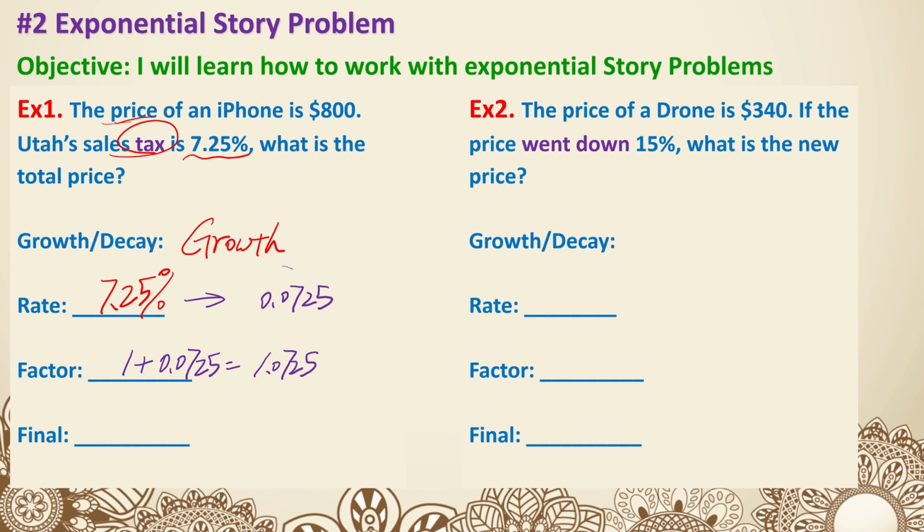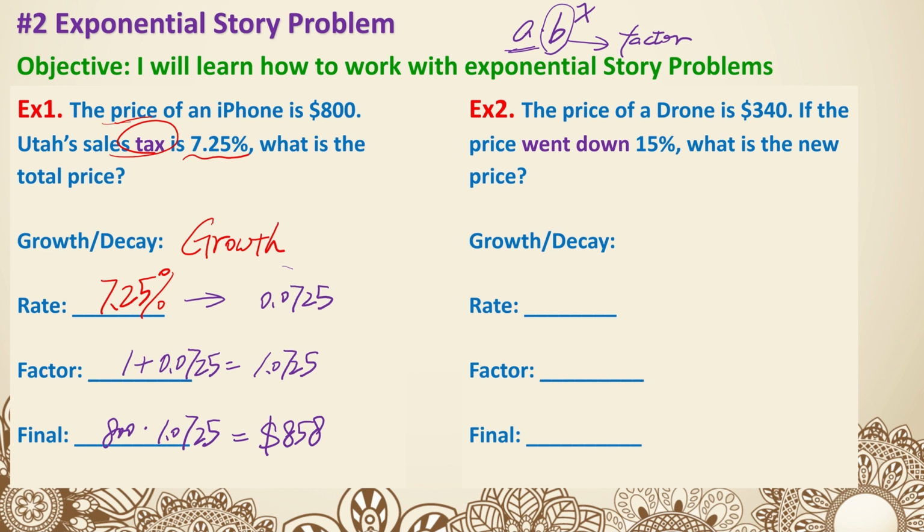So that's the factor. But when we actually calculate the final, remember it's a times b to the x power. The b typically is already the factor. So we're going to always use the initial value multiplied by the factor. So it's 800 times 1.0725, which is going to give us $858.